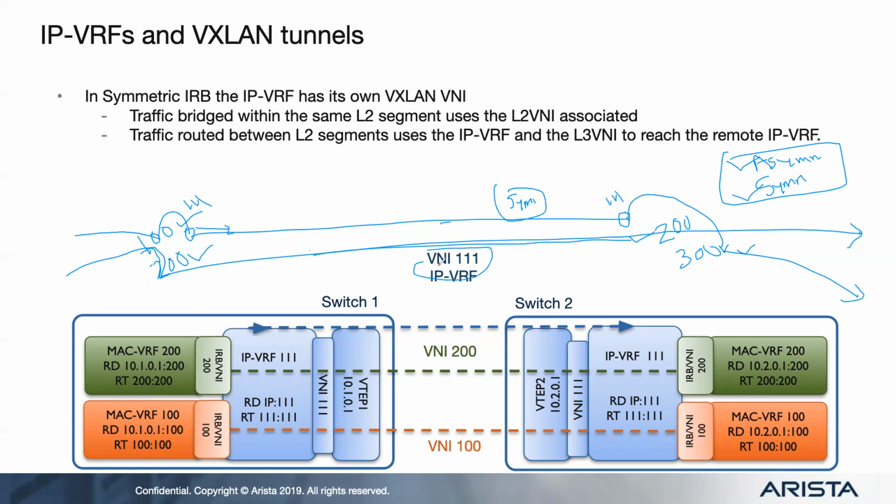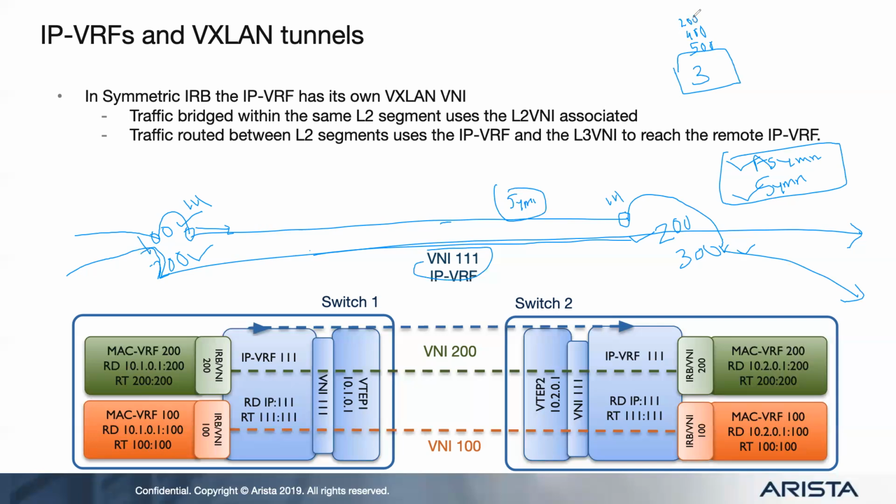So if we have another switch, VTEP 3, and it has maybe 400, 500, is that possible as well? Yeah, that is absolutely possible. Okay, let's actually add 200 there as well.